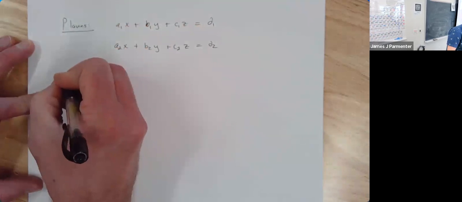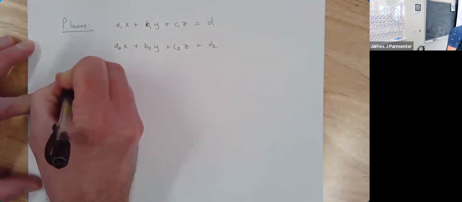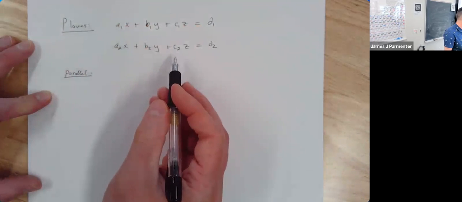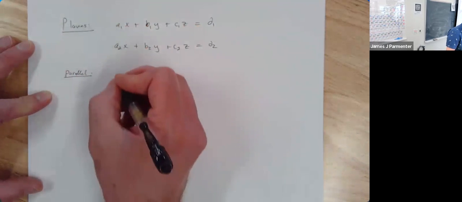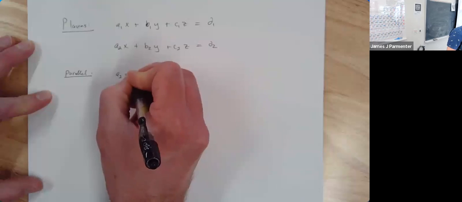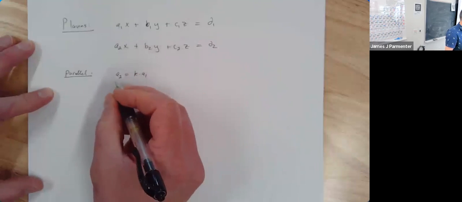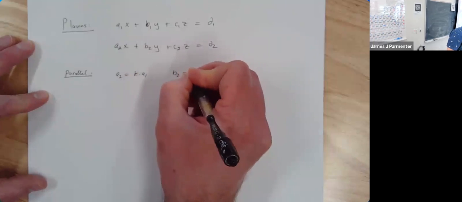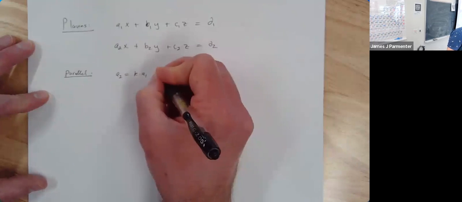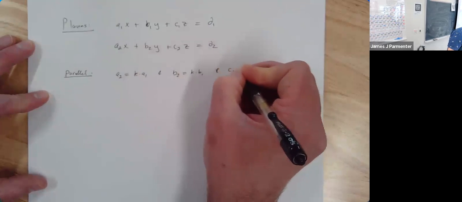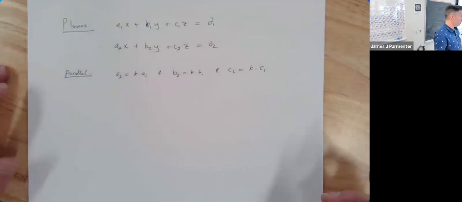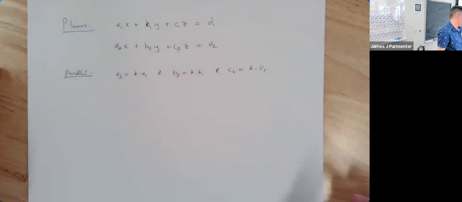And to be parallel, basically all of the corresponding constants have to be the same multiple of each other. So a2 has to equal some constant k times a1, and the same constant k has to be true for the rest of them. b2 has to equal k times b1, and c2 has to equal k times c1. In our previous problem, our constant k was -4.